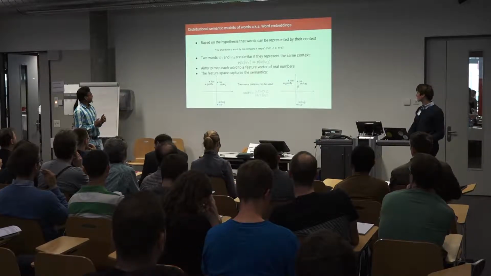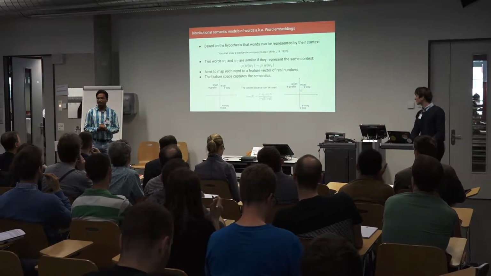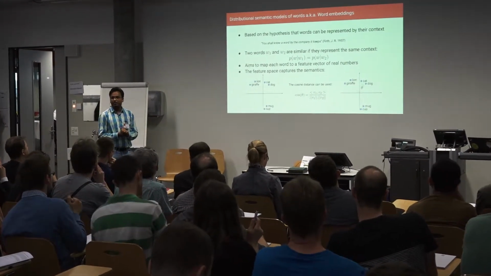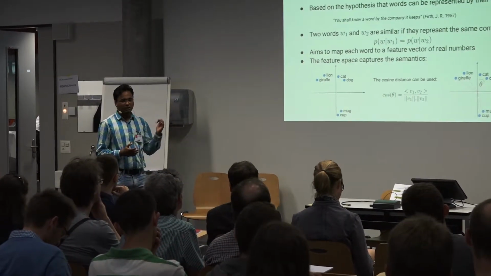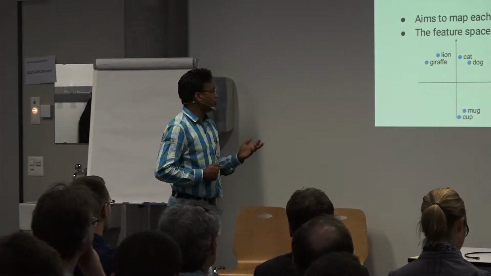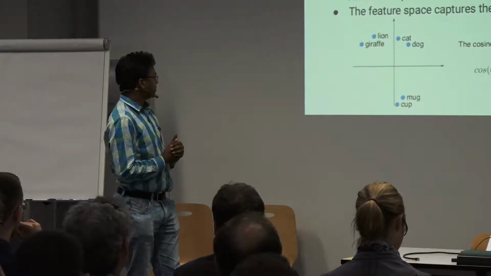This uses the context hypothesis, which says that if two words fit well within the same context, they must be similar. By the context, I mean the neighborhood. As you must have already seen in the presentation by Jan, if two words are similar, they should occupy nearby positions.